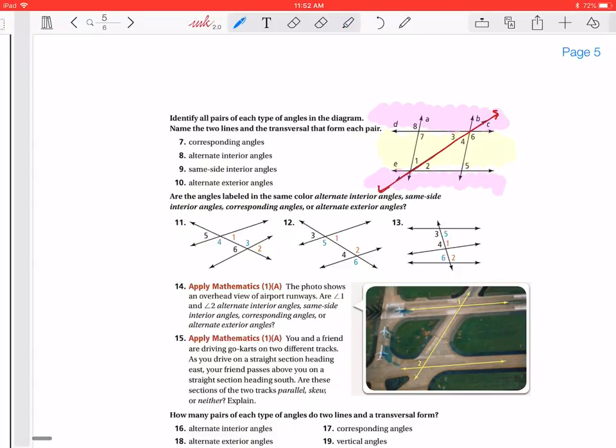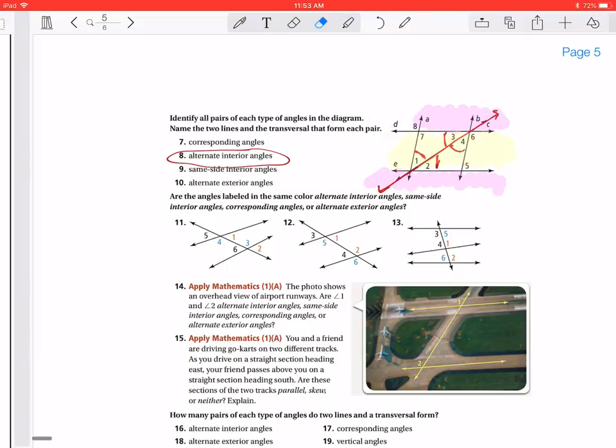We're looking at number 8, alternate interior angles. I have alternate interior angles with 2 and 3, and I also have alternate interior angles on the same transversal at 1 and 4. I have no other alternate interior angles on that transversal.